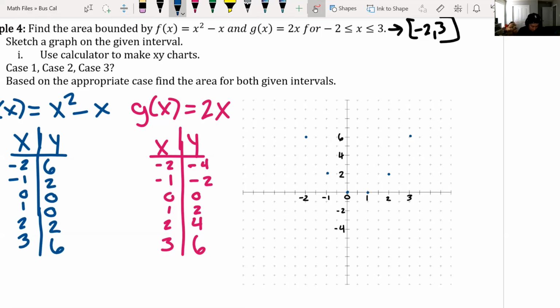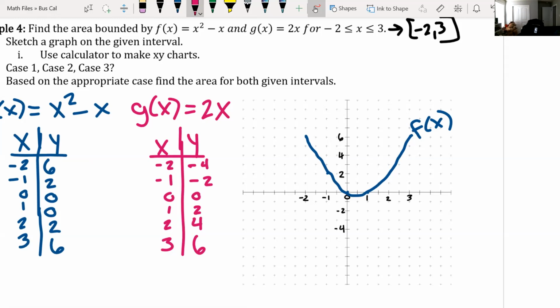So here's what my f of x will look like. Something like that. Maybe a little better, but oh well. Let me try again. There's f of x.